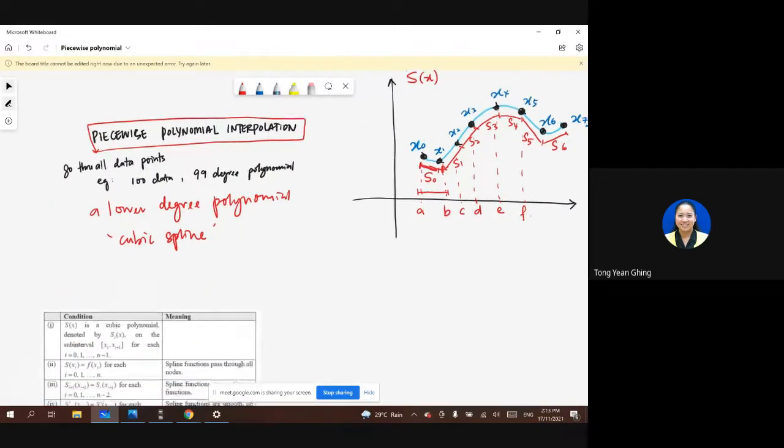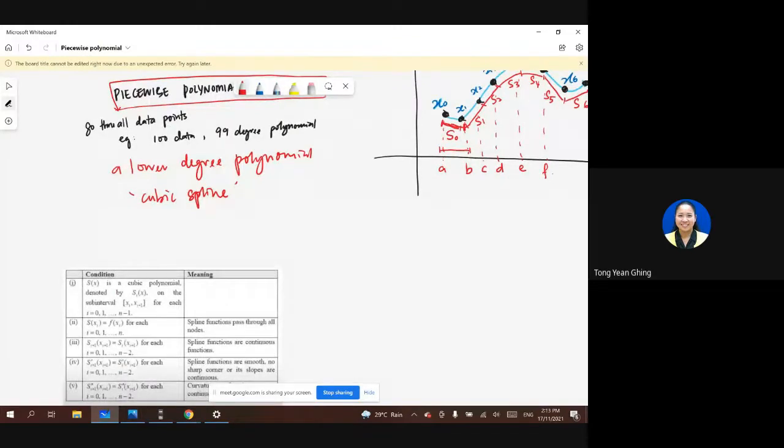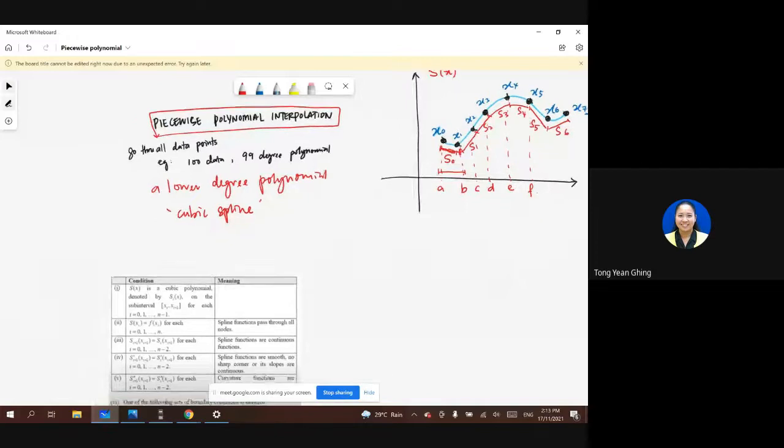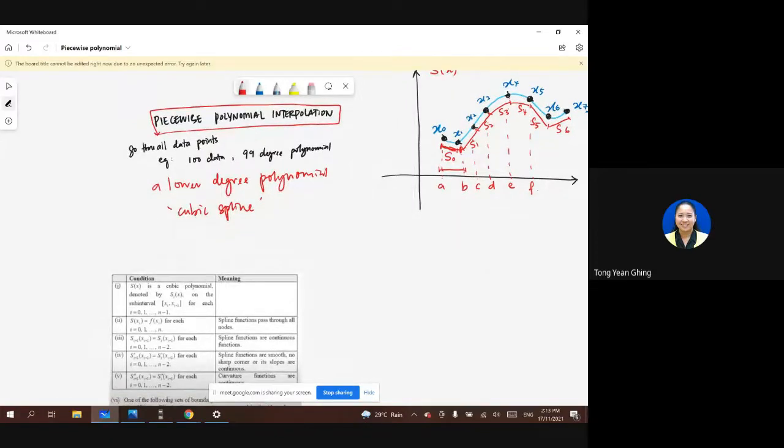One more thing is we want to make the cubic spline so that the data can go through every point. But when there are too many points, it is easier to do the approximation when we separate it into several segments. So we use this cubic spline.